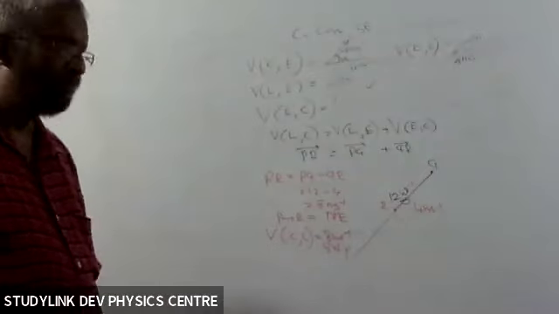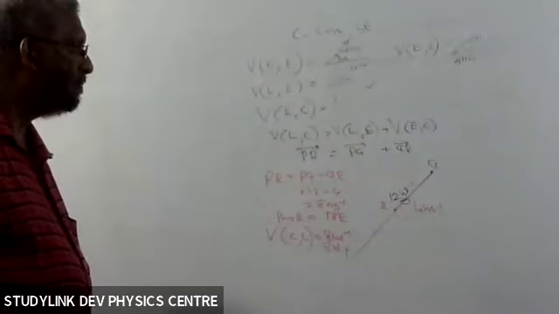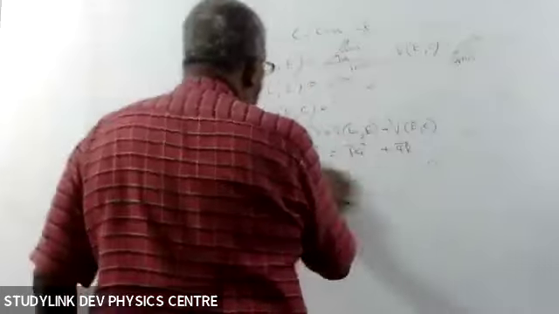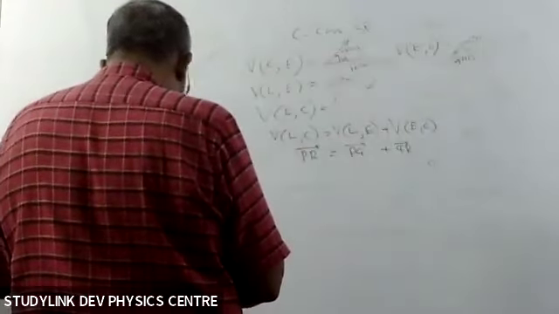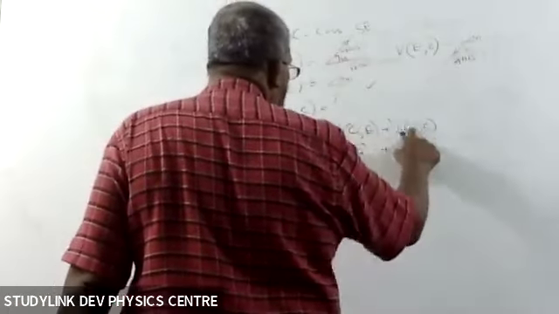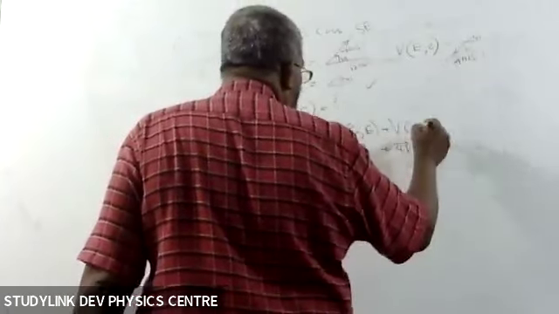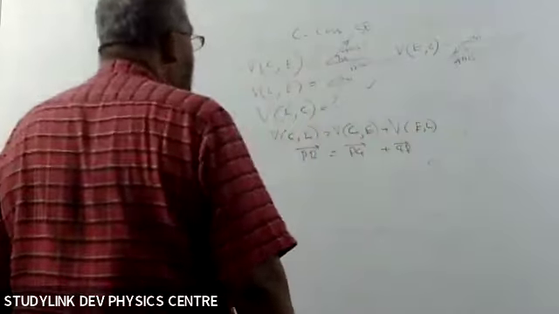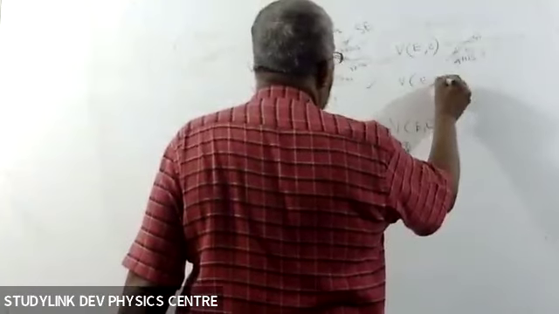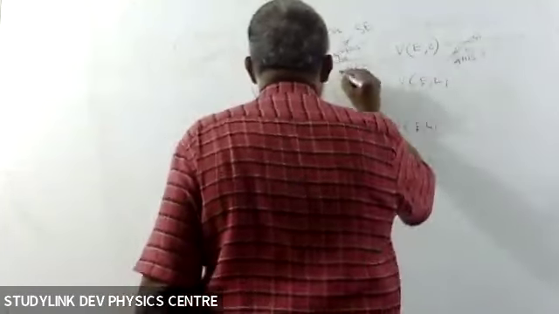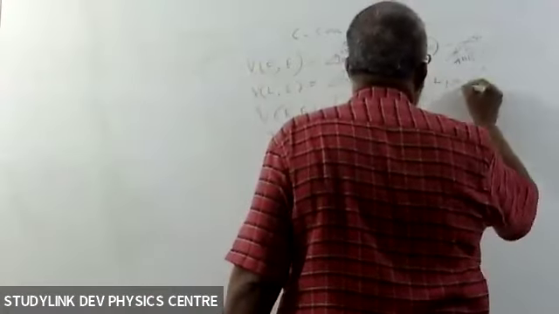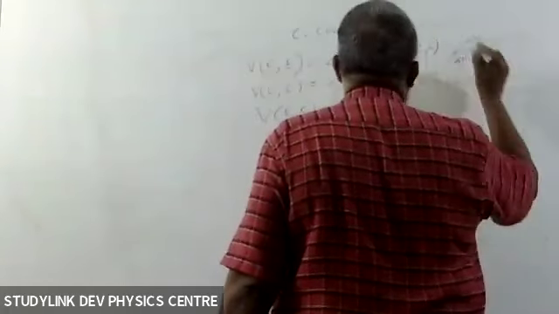The long way also I'll do. When you consider the long way, here we want to find CL, then CE, EL. CE, EL. VEL is to the opposite direction towards EC.